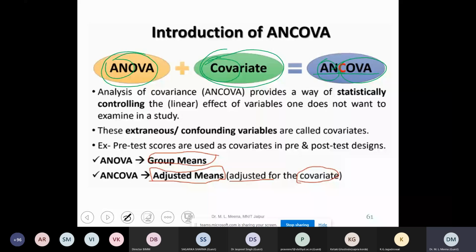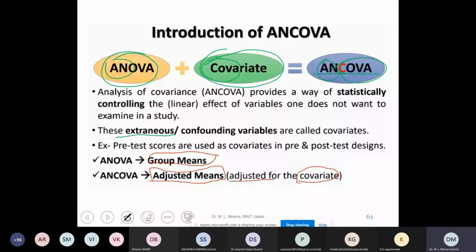It is the midpoint between ANOVA and regression analysis, wherein one variable in two or more populations can be compared while considering the variability of other variables.